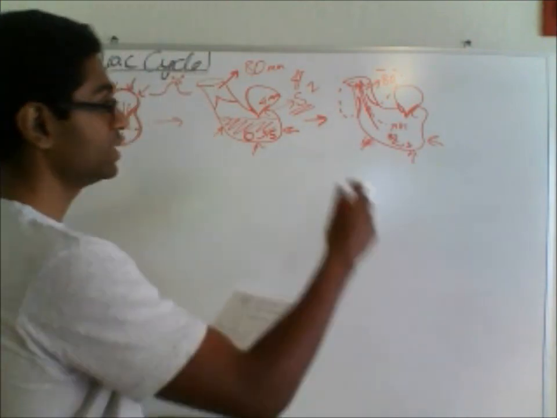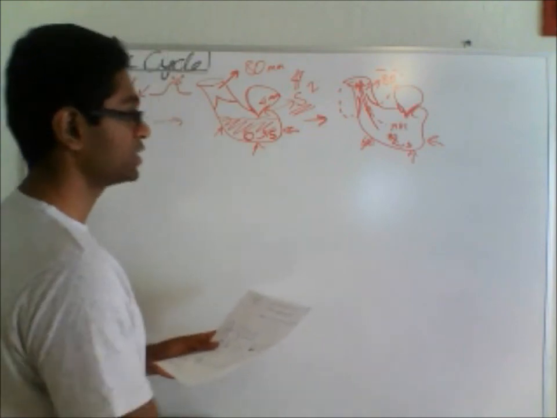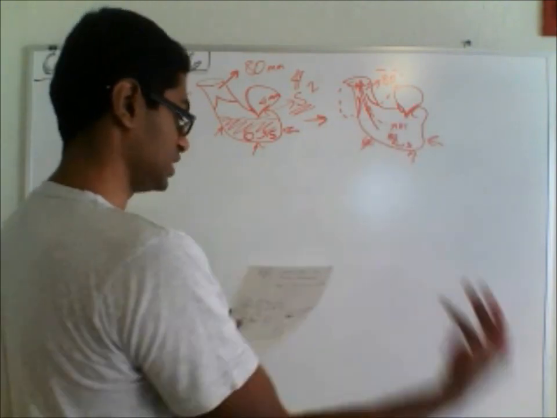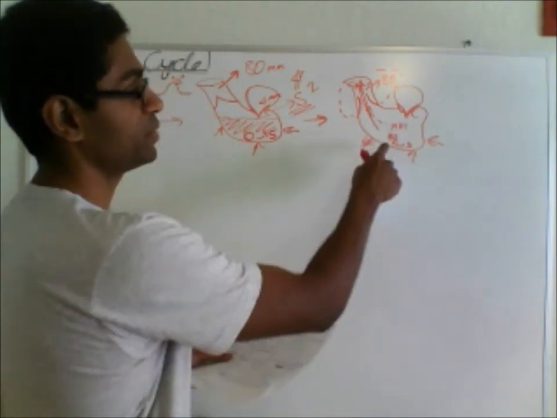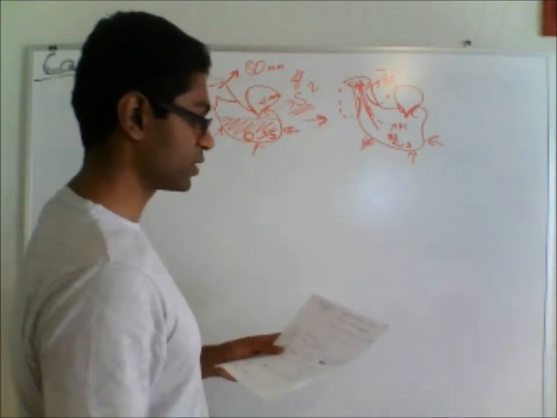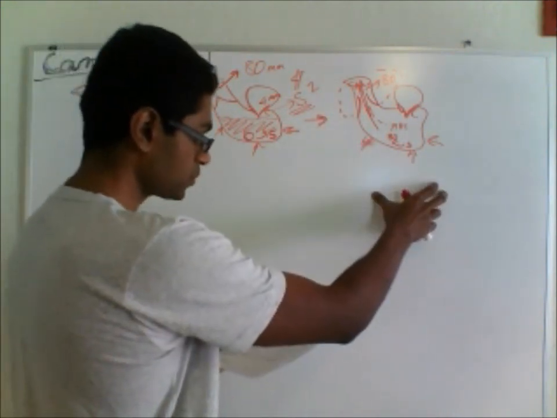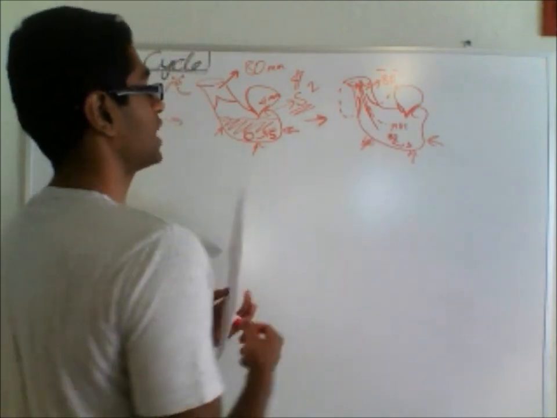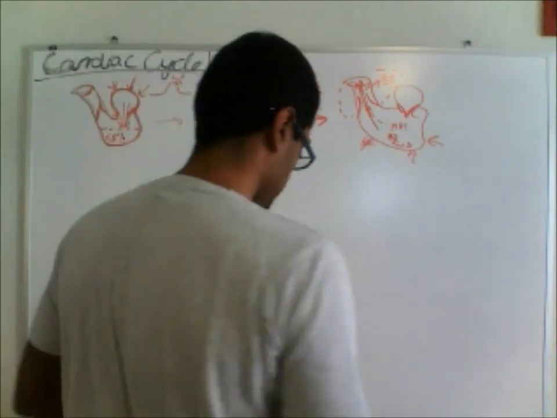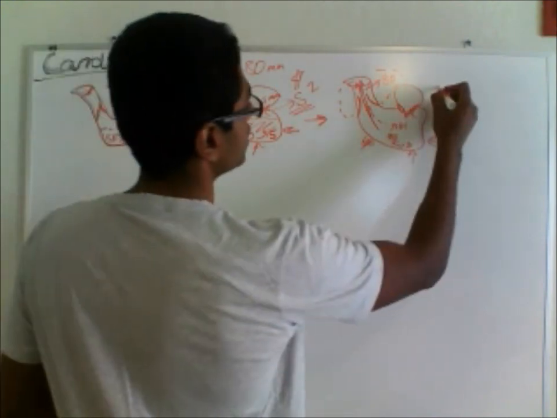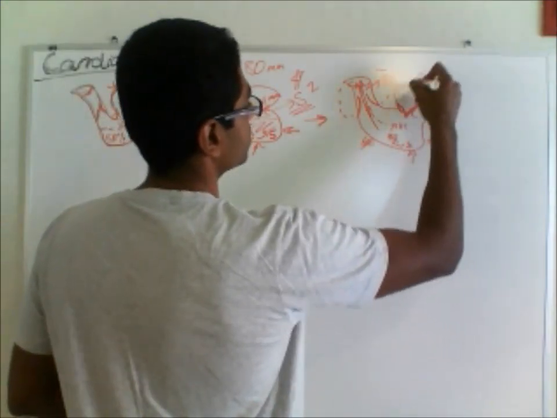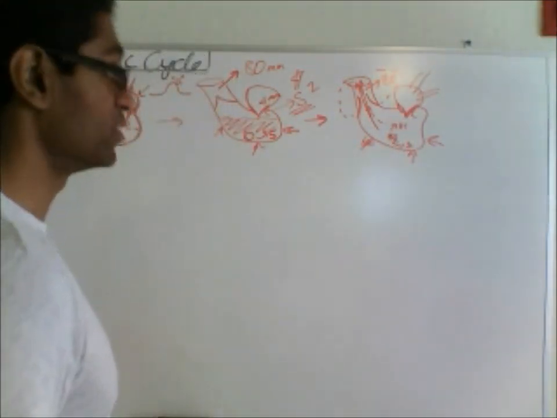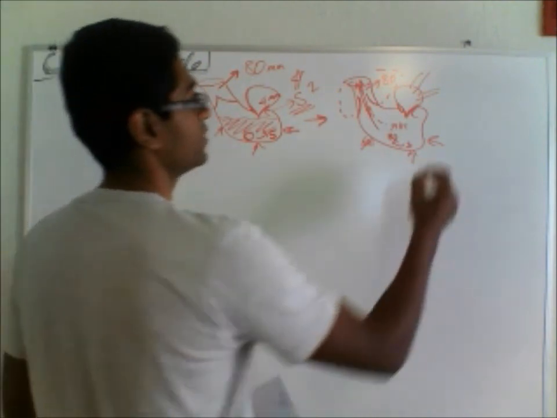So what's happening in the three things that we mentioned were important? Well, the aorta is receiving the blood. Pressure and volume change is being transmitted from the ventricle to the aorta. In the ventricle, the blood is being transmitted to the aorta, as I mentioned. And in the atrium, what's happening? It is still receiving all that blood, not from the superior and inferior vena cava, but from the pulmonary veins.